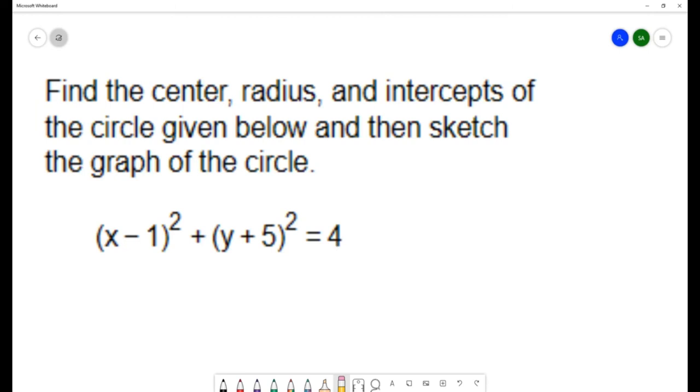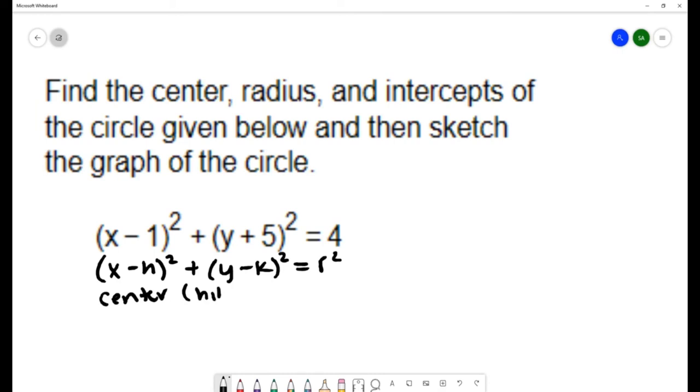And luckily, this equation is written in standard form, which allows us to find the center and the radius without any calculation. So the standard form is (x - h)^2 + (y - k)^2 = r^2, where the center is (h, k) and the radius is r.